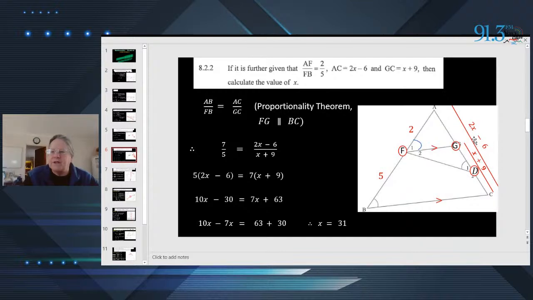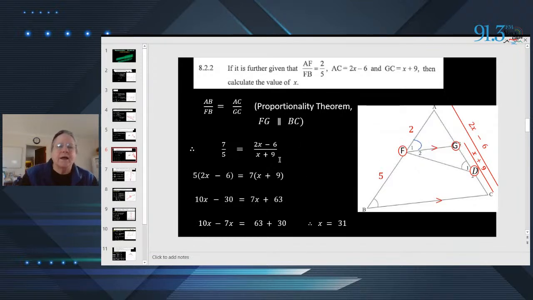Can you see they gave us the long side and a short side? That's why we do the same on the other side. And then we just fill in. AB is 7 because we add the 2 and the 5 together. And FB is 5, equal to AC, which they've given as 2x minus 6, and GC that they've given as x plus 9.